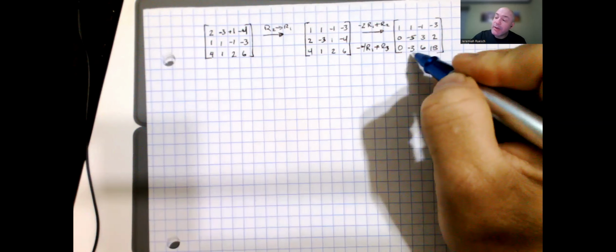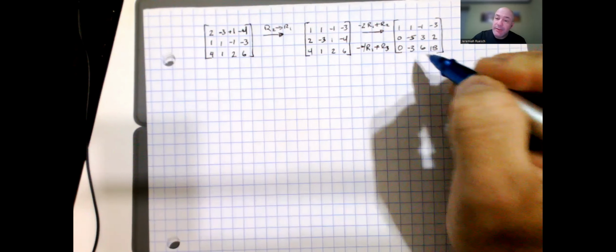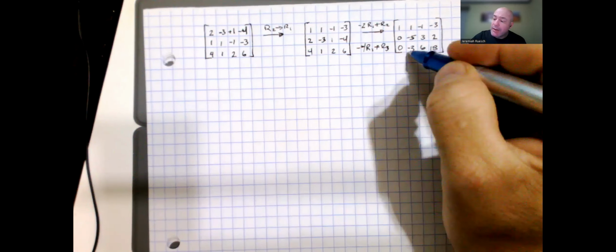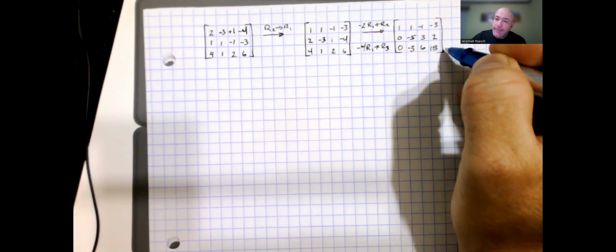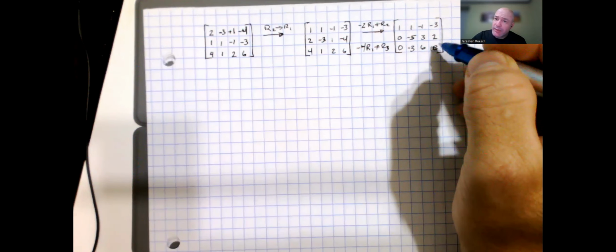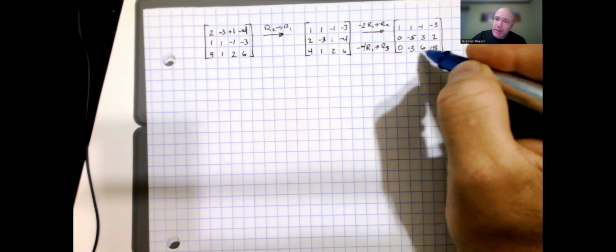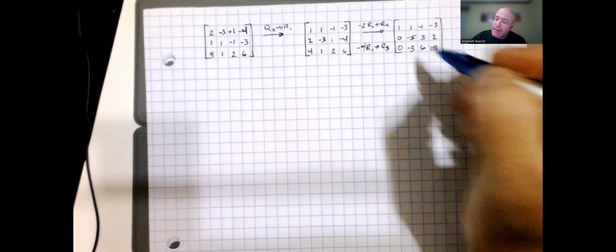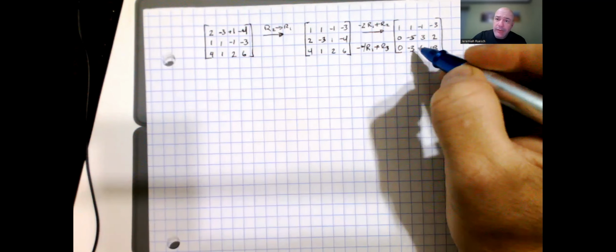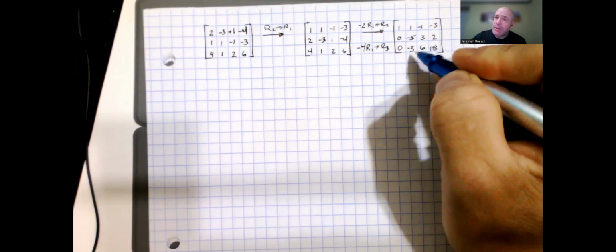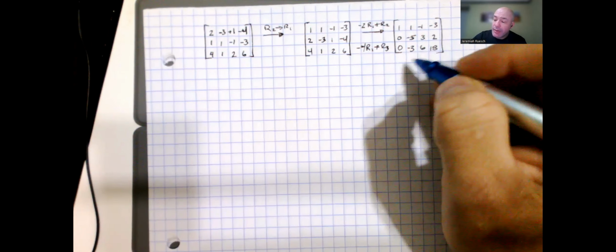And the reason why I'm doing it for this particular problem is, do you see how each of these elements is divisible by 3? If I exchange these two rows, switch positions, then I can multiply this by -1/3, and that'll make that a leading one, or pivot. But it will also mean that I won't have fractions to worry about.